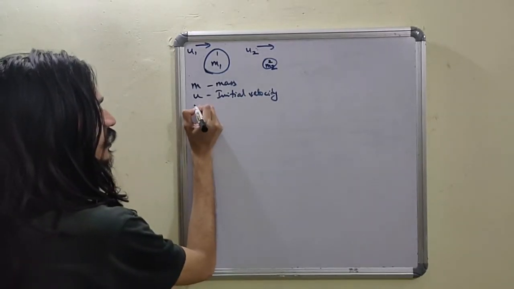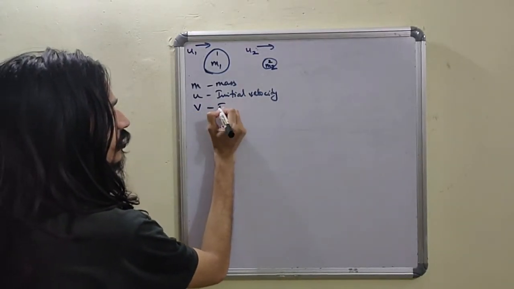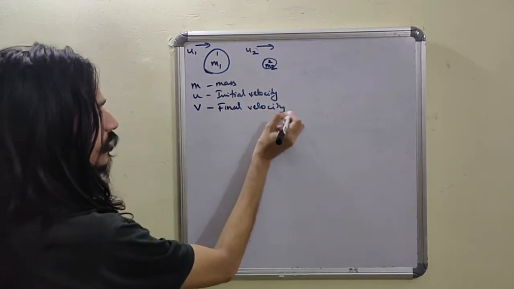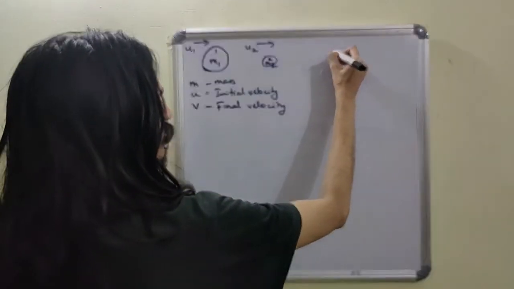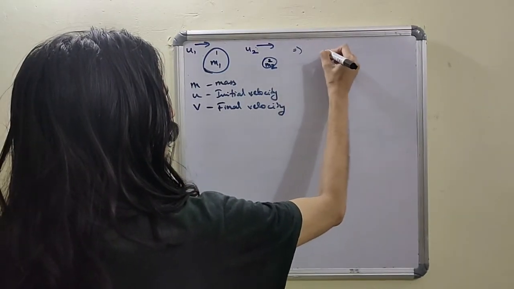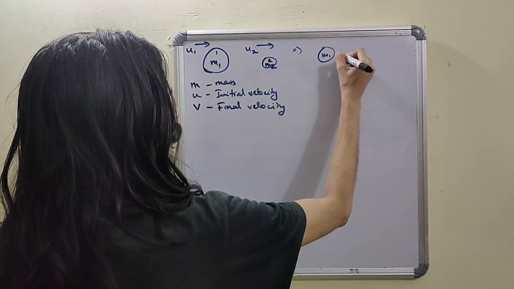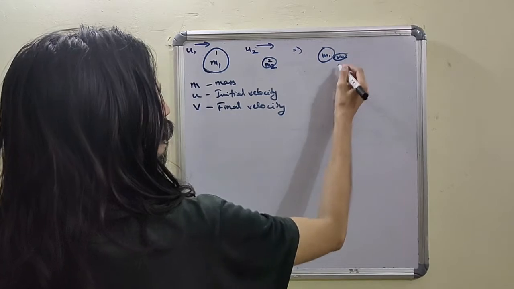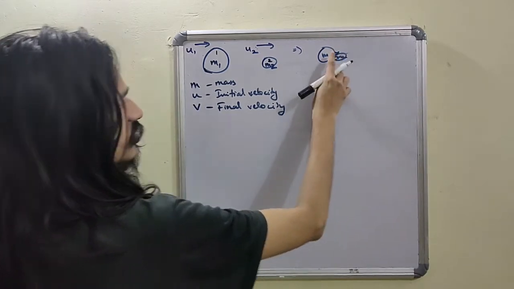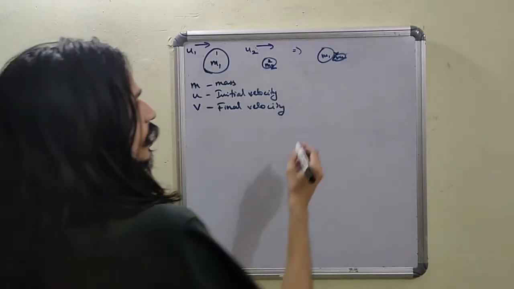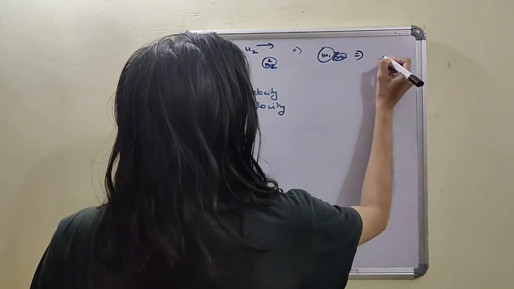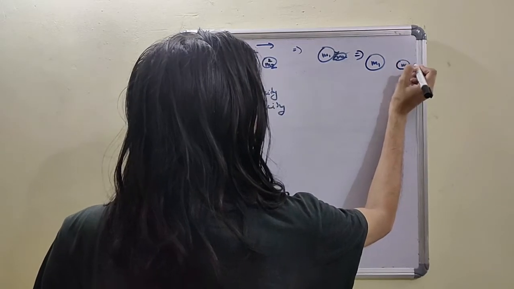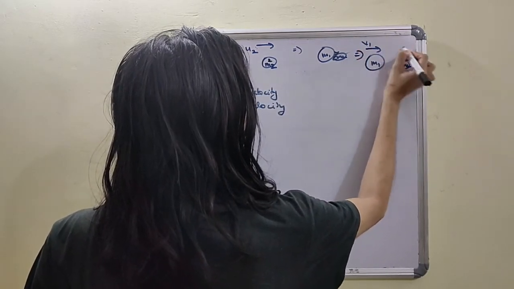So I'll say that they take a final velocity v. Say m1 and m2, both these objects have crashed. They have hit each other. Now they start moving again, but this time with a different speed.